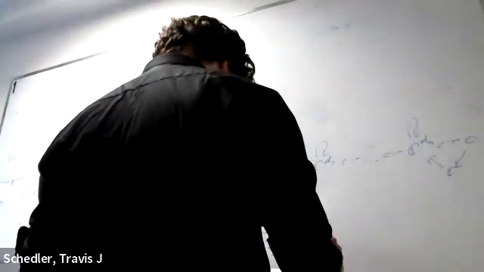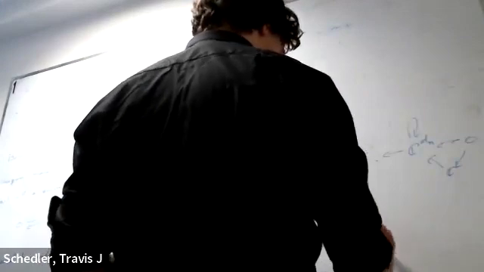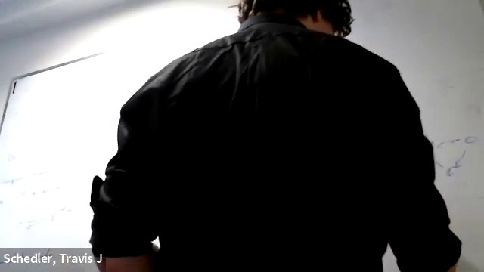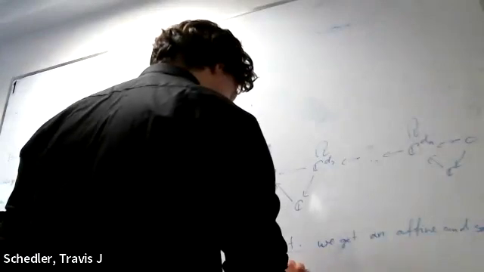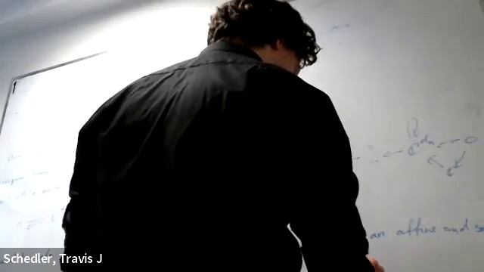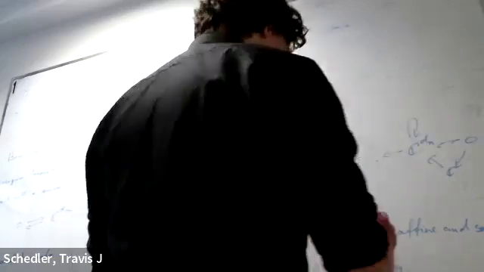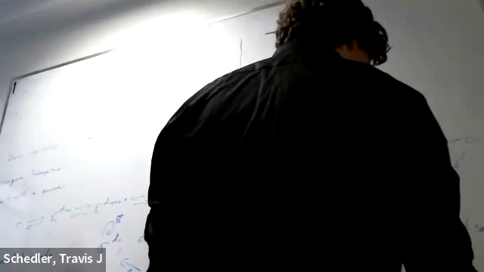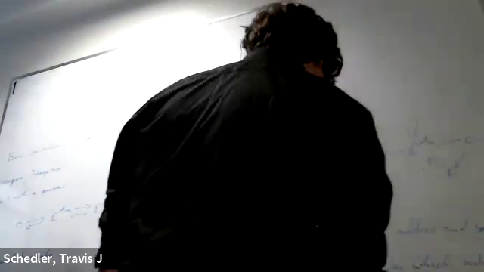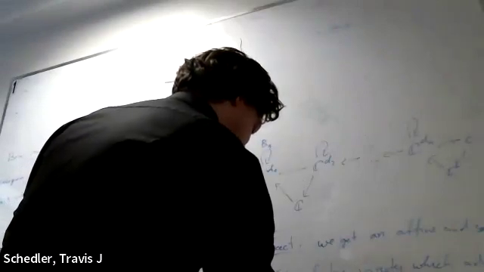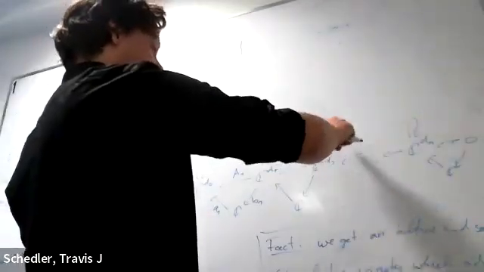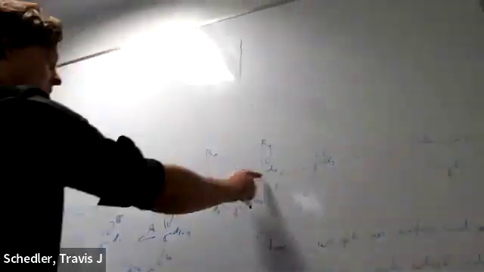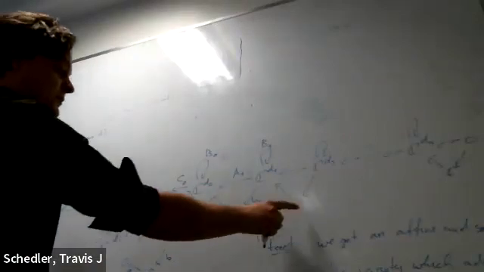So we get an affine, smooth, symplectic variety, which also admits a moment map with respect to the action of the general linear group corresponding to all of these spaces, but not these ones.